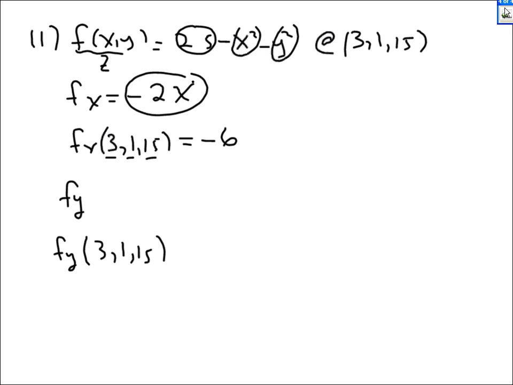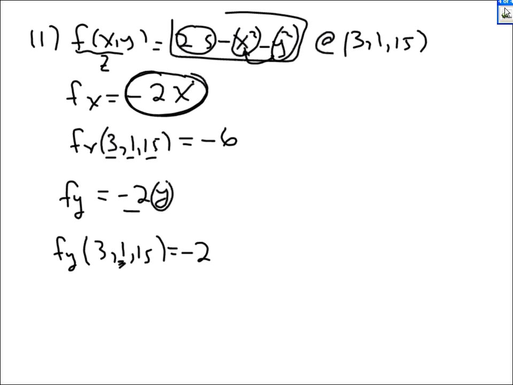Now, if you see the symmetry again, if you interchange x and y, you get the same answer. The fy will just be, instead of x, I'm going to put y. And if you check it, it's right. Negative 2 gets multiplied by the y value, which is 1. That's negative 2.